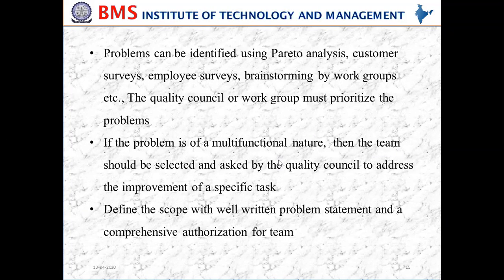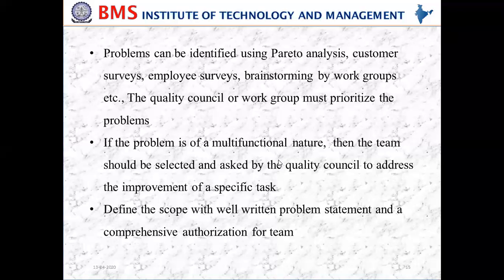The members should be selected by the quality council, and they are asked by the quality council to address the improvement of a specific task, because it is of multifunctional nature with different departments. So the quality council has to form the team using multiple departments, and then they have to direct these team members in improving the specific task.